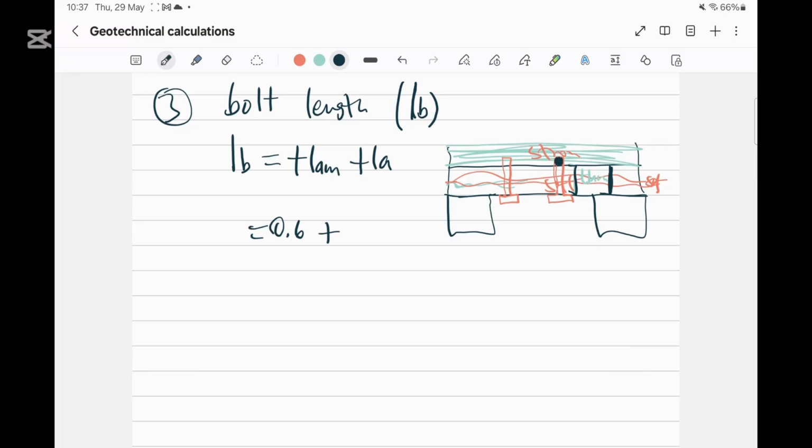So for LA, the formula is equal to this: our spacing, our TLM, over pi, our diameter. This is the diameter of the hole, and then our shear resistance.